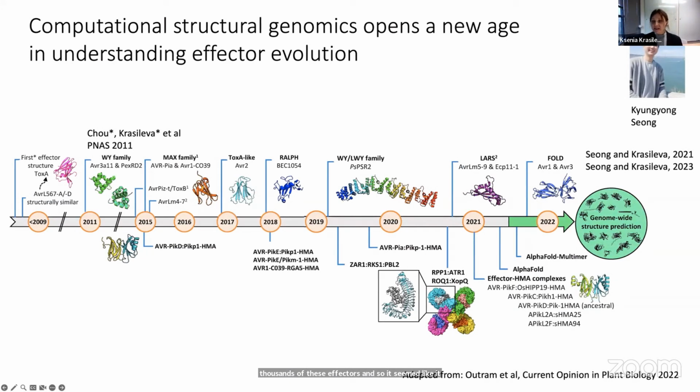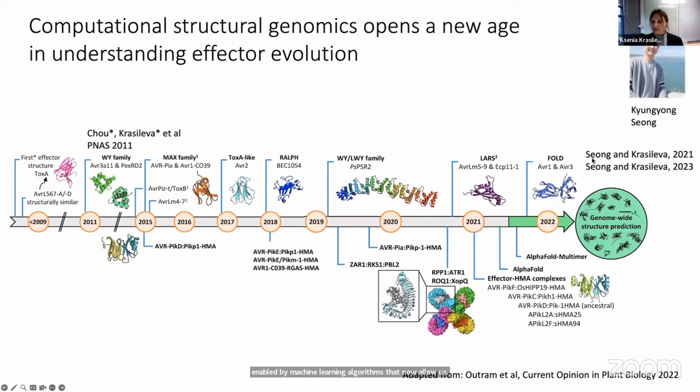Except that a couple of years ago, there was a major breakthrough in computational biology, and especially computational structural biology, enabled by machine learning algorithms that now allow us to predict structures from the genomes.